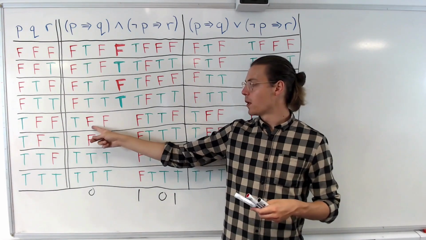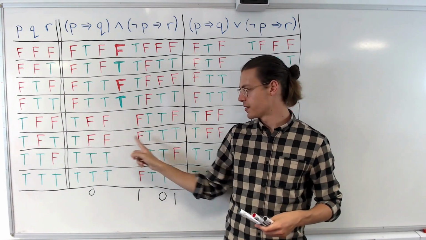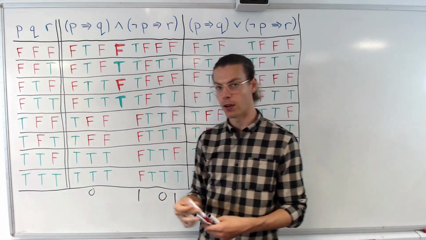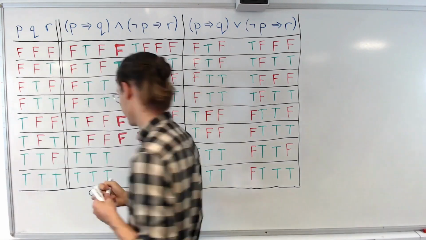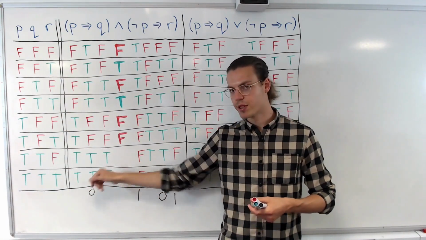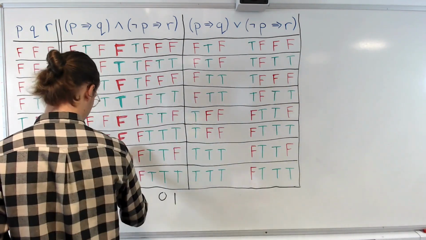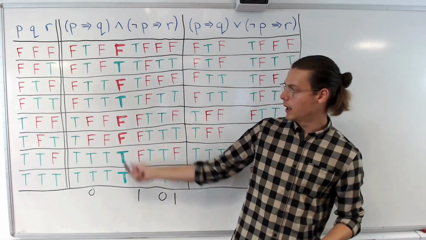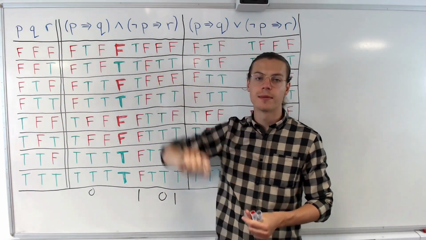Then we have false and true, false and true, both false. And the last two rows are true and true, true and true, both true. And this column gives us the truth values of this first formula.